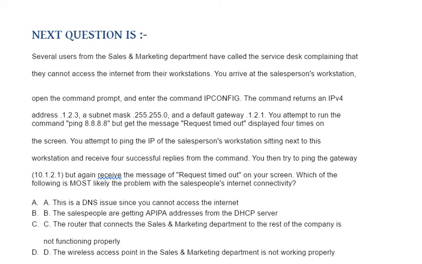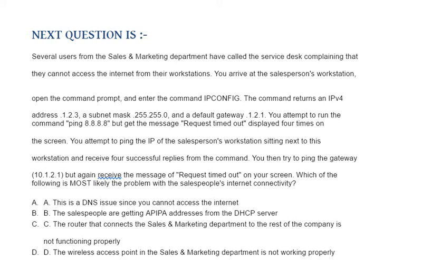You attempt to run the command ping, but get the message request timed out displayed 4 times on the screen. You attempt to ping the IP of the salesperson's workstation sitting next to this workstation and receive 4 successful replies from the command. You then try to ping the gateway of this, but again receive the message of request timed out on your screen. Which of the following is most likely the problem with the salespeople's internet connectivity?